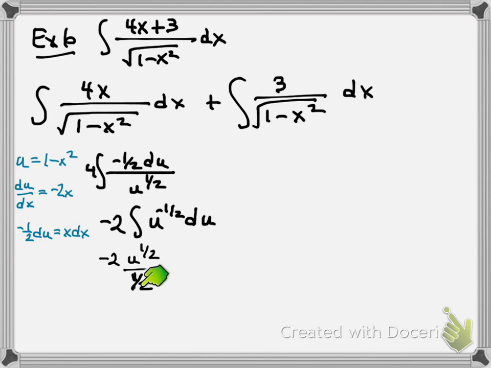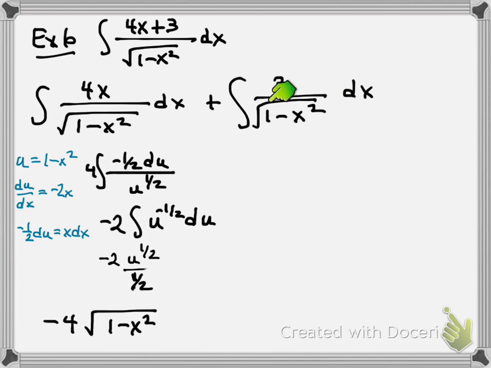So I'm going to flip this 2 up and multiply it times this one, so it becomes a negative 4. So I'm going to have a negative 4, and then my u value is 1 minus x squared. Square root of 1 minus x squared. Flip that over, plug in for u, 1 minus x squared, and so that is my integration for the first part of this problem.